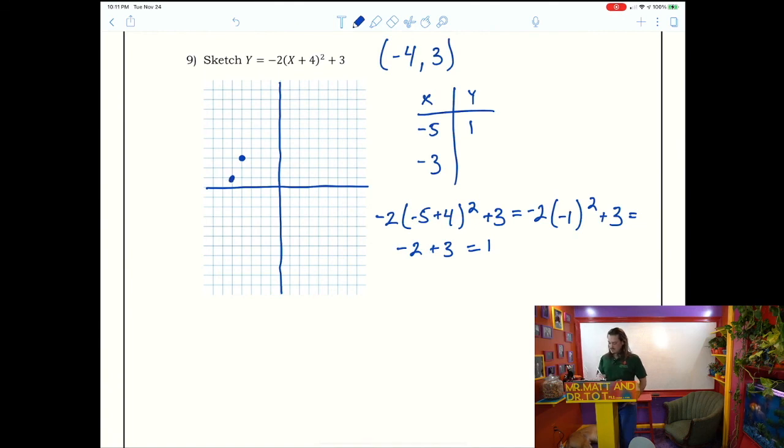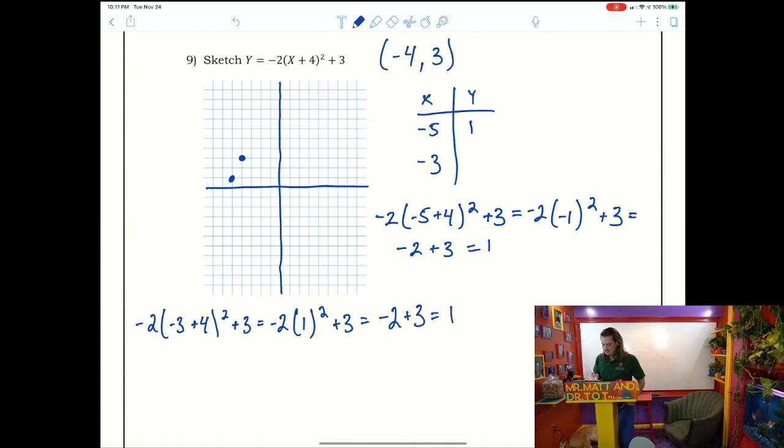And let me check -3 down here. So we have -2 times -3 plus 4 quantity squared plus 3. That's going to simplify into -2 times 1 squared plus 3. 1 squared is 1. 1 times -2 is -2. -2 plus +3 is going to be +1. So at x is equal to -3, I'm at +1.